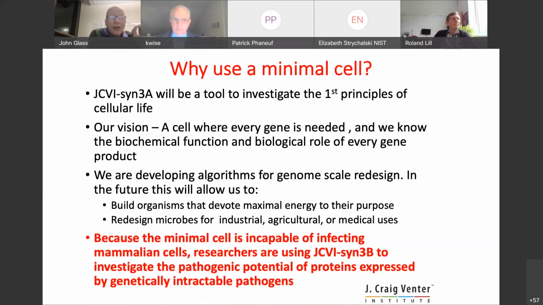You can put it on HeLa cells or HEK293 cells, and in a few days, the minimal cell is gone. In 2 weeks, you can't even detect it by PCR. And so researchers are using JCVI Syn 3B, which you'll hear about in the first talk, to investigate the pathogenic potential of proteins expressed by genetically intractable organisms. And I'm really excited about that.